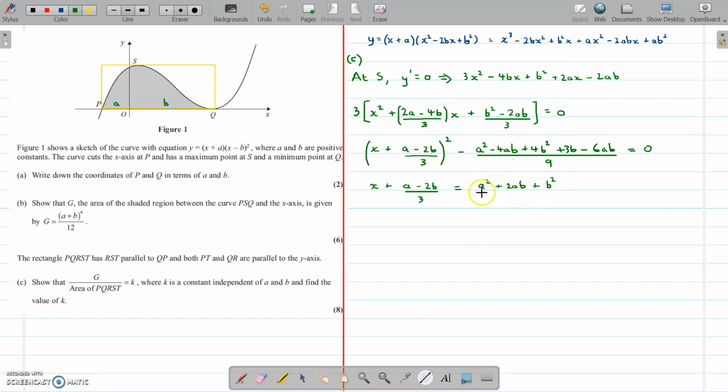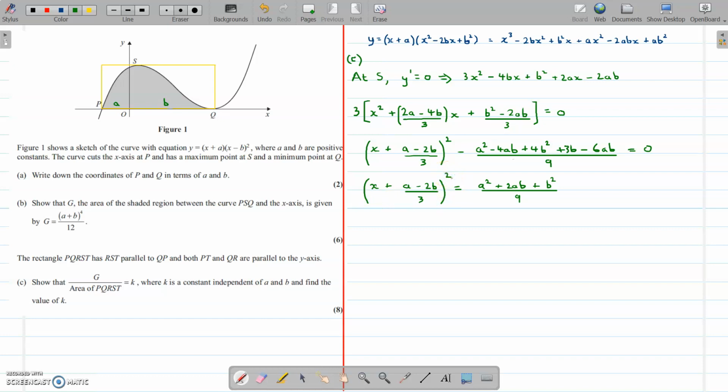Now, of course, that result on the top there you should recognize as the perfect square of simply a plus b. So it's a plus b squared. It gives us that, which is very convenient because we will need to square root that at some point soon. So that should be squared there, of course.